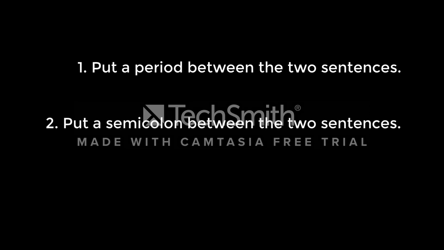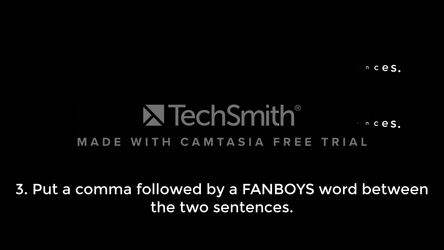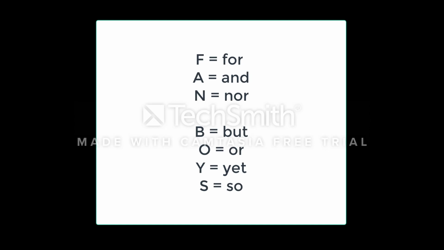Option 2, put a semicolon between the 2 sentences. Option 3, put a comma followed by a fan voice word between the 2 sentences. Fan voice, remember, stands for the words for, and, nor, but, or, yet, so.